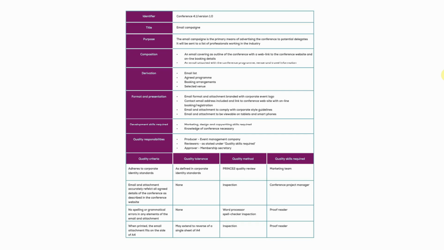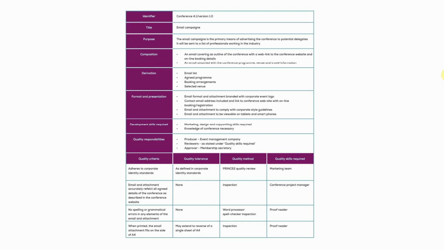Now, I like this tabled version because when one reads the product description in Appendix A, you can almost be forgiven for thinking that for every product, there's a quality criteria, because there's one heading and it says quality criteria. Then there's quality tolerance, and there's quality method. When you see it in this tabulated format, it brings home the point that there can be multiple quality criteria.